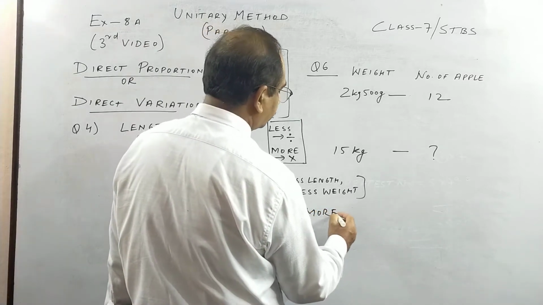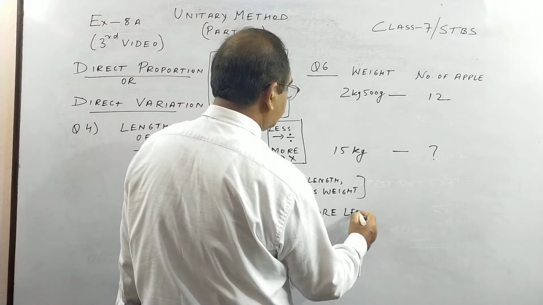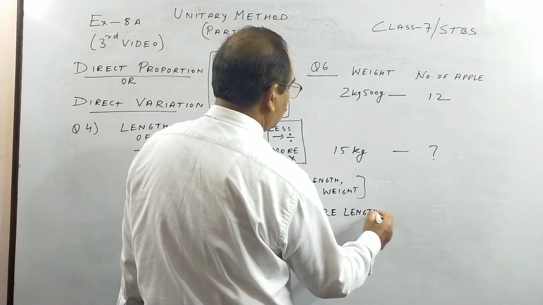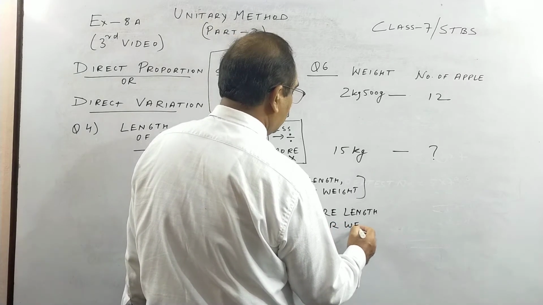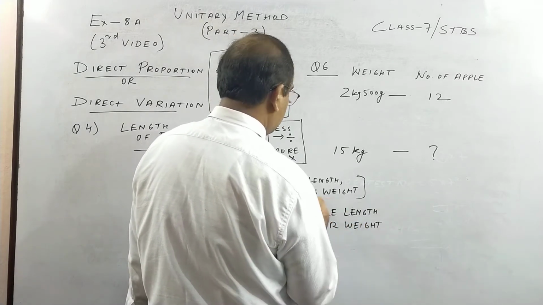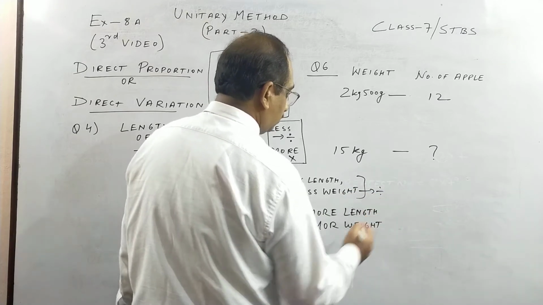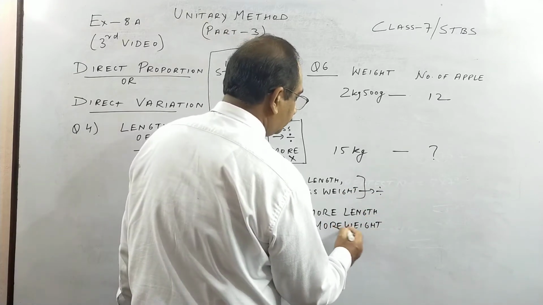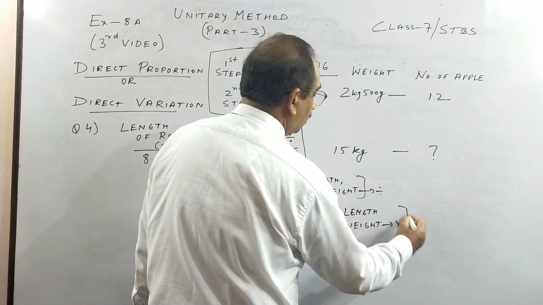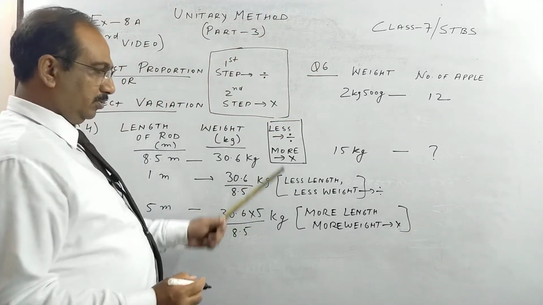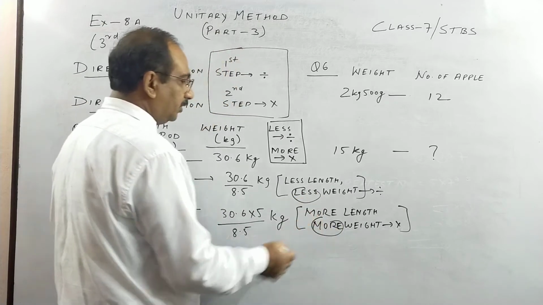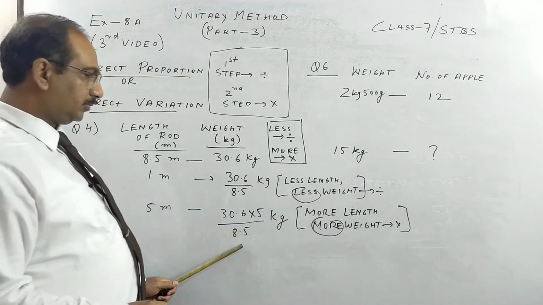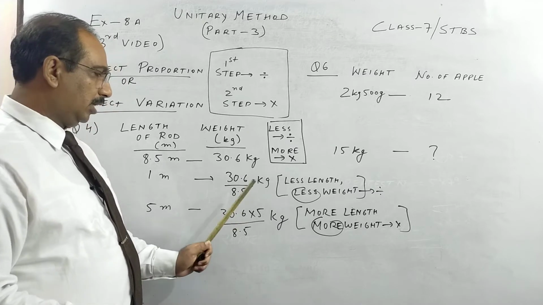More length, more weight. Here it was division, and here it will be multiplication, as I told you. See the last line: more means multiplication and less means division.